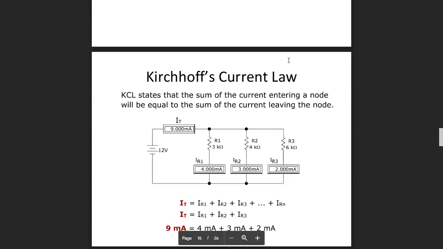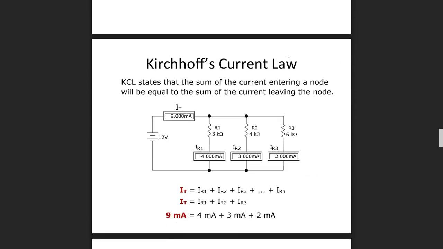Then we have Kirchhoff's current law. Here I want to tell you about two things: a node and a loop. A node is a point where two elements connect with each other. It means that it is a piece of branch between two circuit elements.